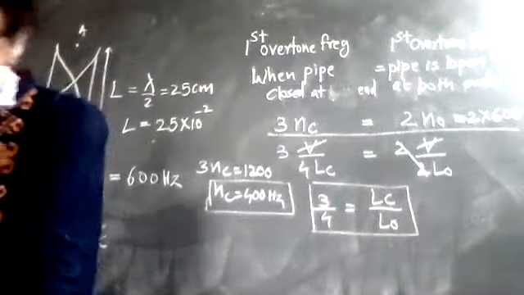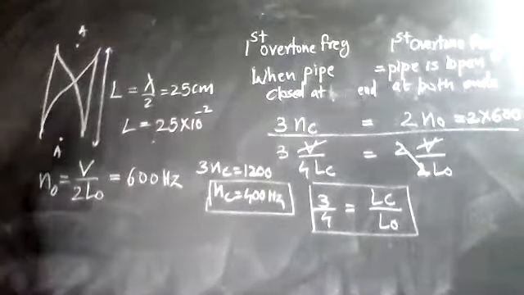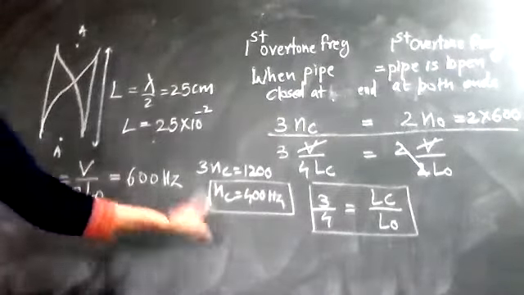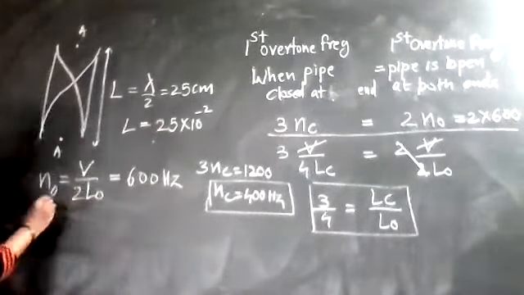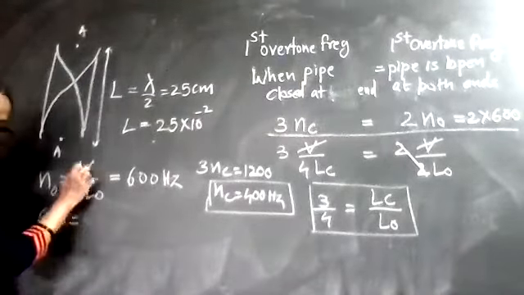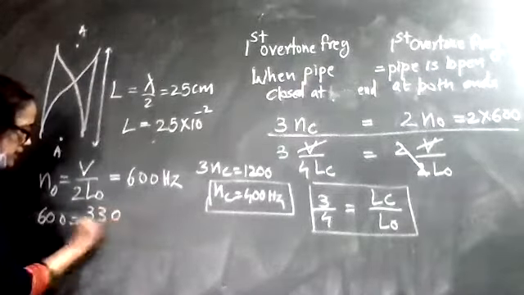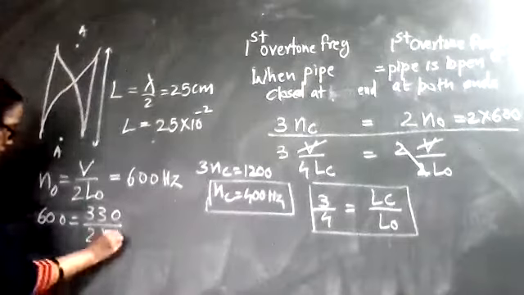Fine. So now I can use the formula for the velocity of sound, with the standard value of velocity of sound. Here N0 is 600, which is equal to velocity of sound, standard value 330, divided by 2 L0.